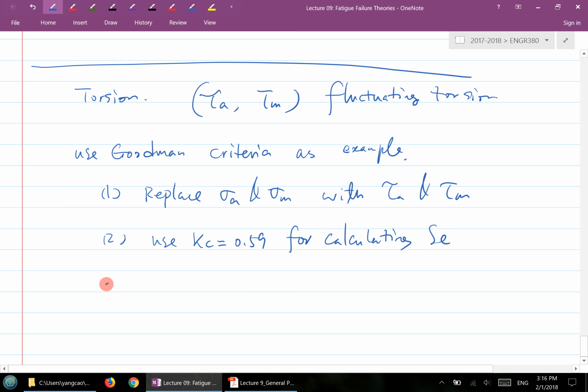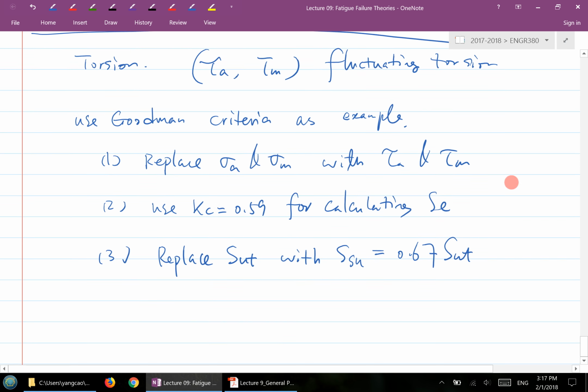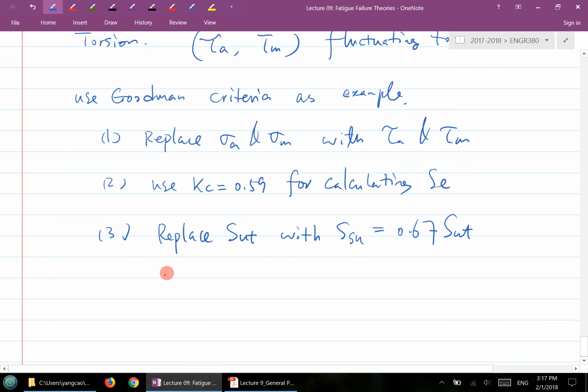And then replace SUT with SSU. Basically, replace the ultimate tensile strength with ultimate shear strength, and there is an approximating formula between these two: 0.67 SUT. Now, if you're using some other criteria, maybe you require the SYT.